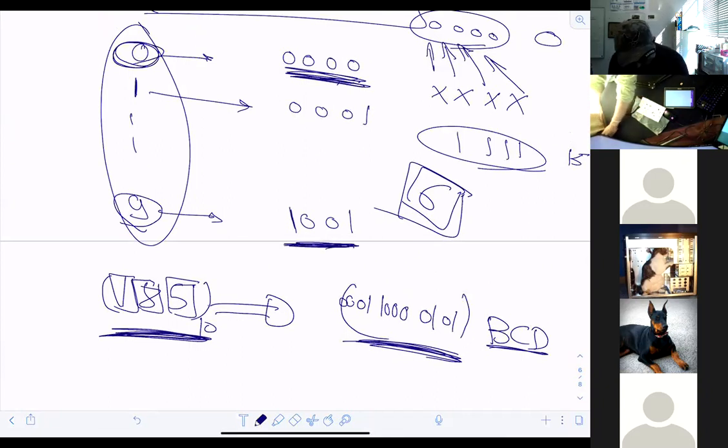But in reality, those 4 locations can actually fill up to 1111, right? So that means 10 is not here, 11 is not here, 12 is not here, 14 is not here, 15 is not here. So how many values are not here? 6. I want you to keep this in mind now. Later you will know why.